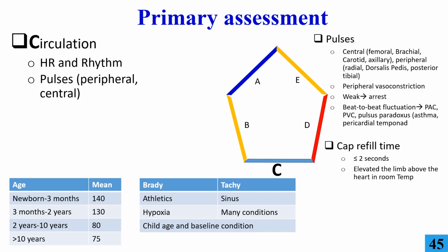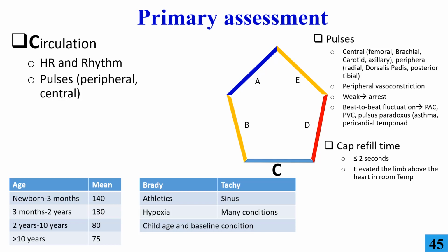But if that is exaggerated, then you have pulsus paradoxus. An example, whenever there is compression on the heart from an inflated lung or a filled pericardium that compromises the flexibility of the heart and causes the fluctuation. So remember, fluctuation is very important.